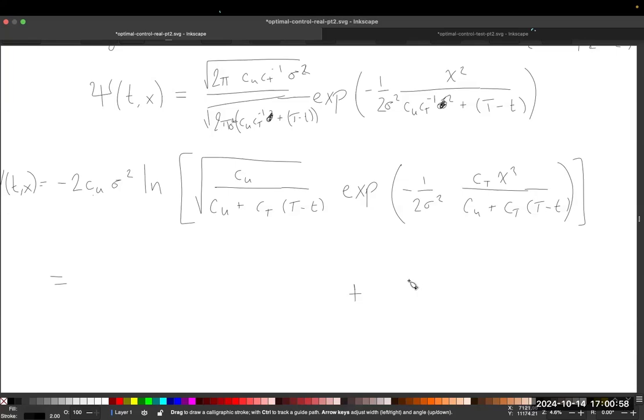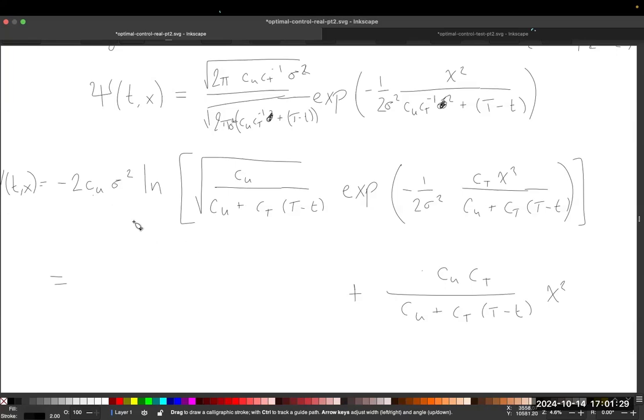That is going to leave us with a negative times a negative, sigma squared over sigma squared, and then this remaining Cu. So we'll have Cu Ct over Cu plus Ct times T minus t, times x squared. Okay, so there's our quadratic term, which we had before. And so we're left with a logarithm out here.